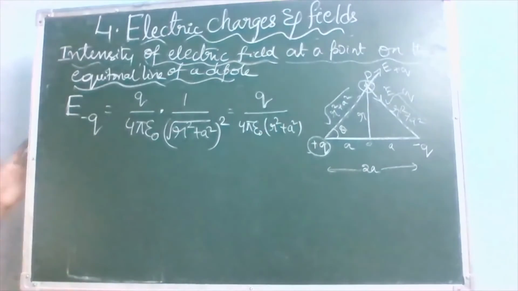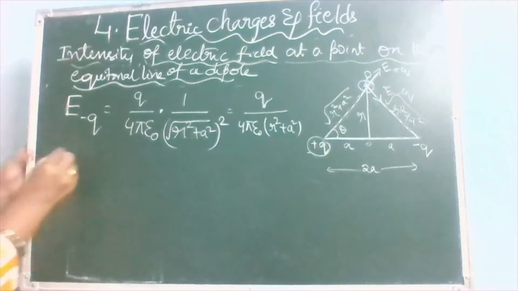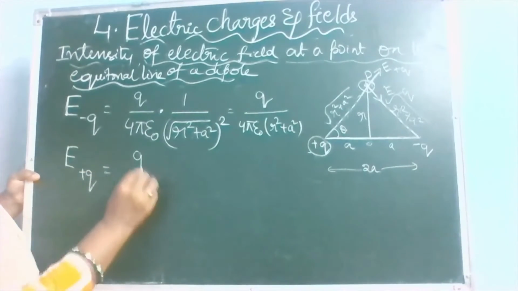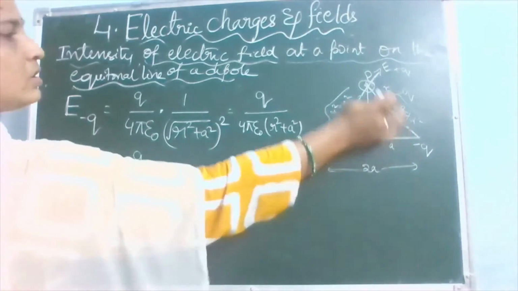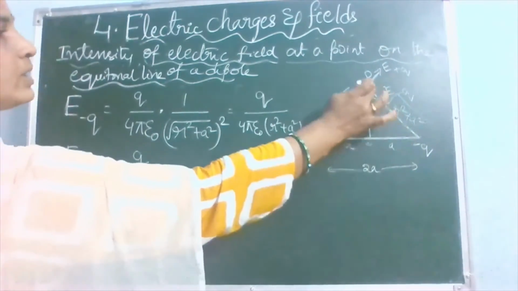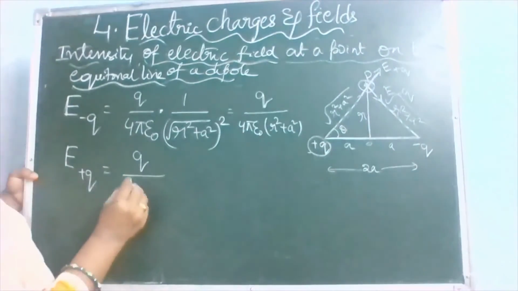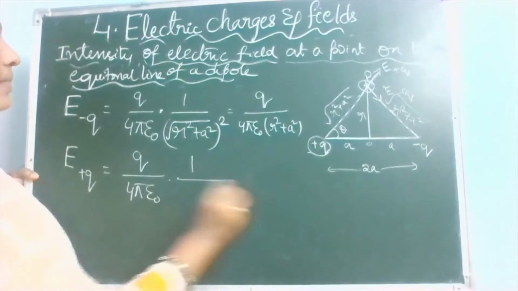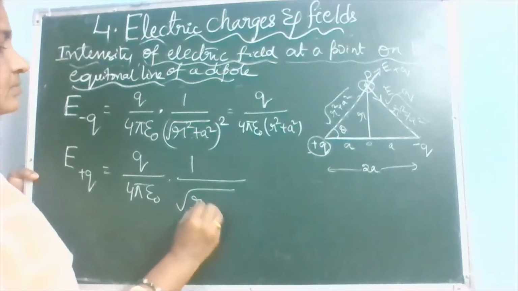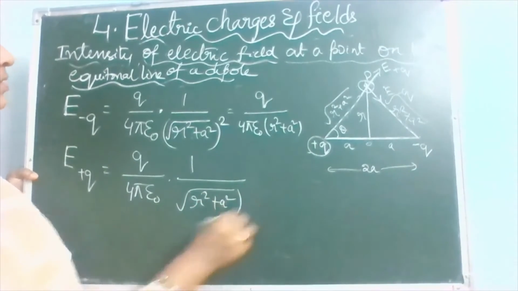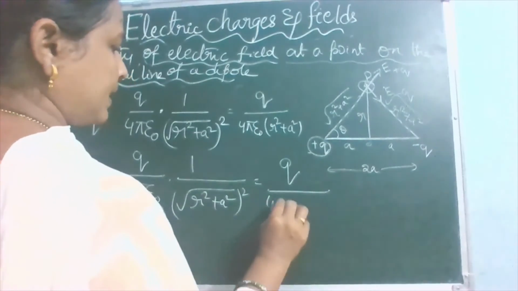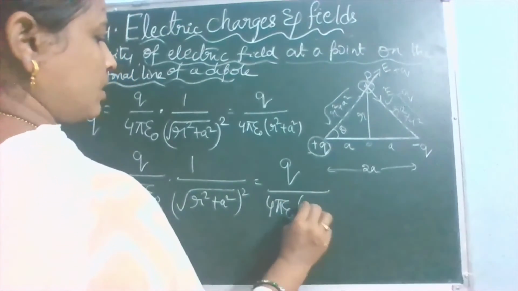And now due to minus q, the same, because the distance from here to here is also root over (r square plus a square). So it is q by 4 pi epsilon naught into 1 by (r square plus a square).